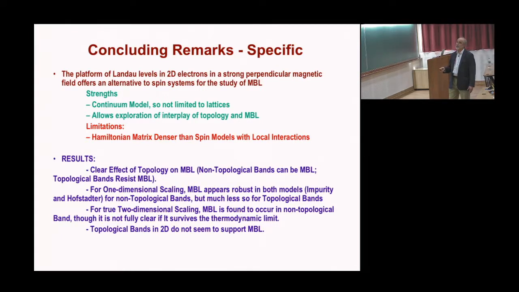And for two-dimensional scaling, it's found to occur in non-topological bands, though it's not fully clear if it survives the thermodynamic limit because the crossing point was moving with size. Certainly, topological bands in two dimensions do not seem to support it. So with that, I'll stop.